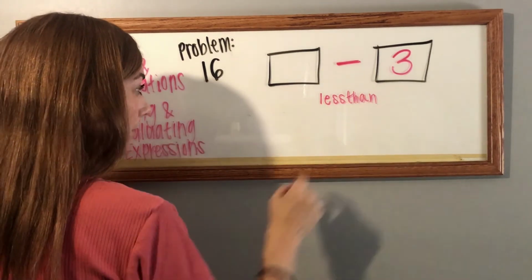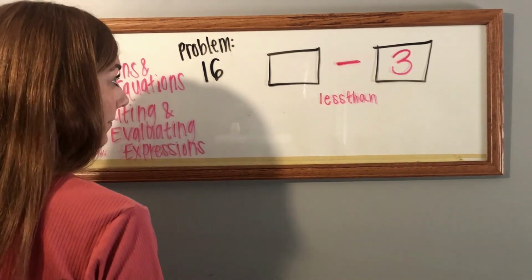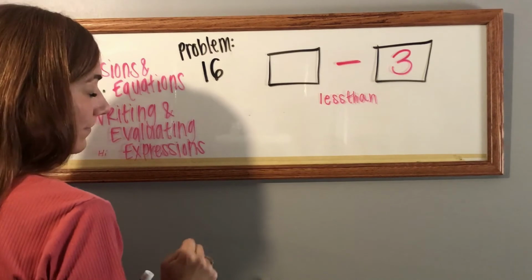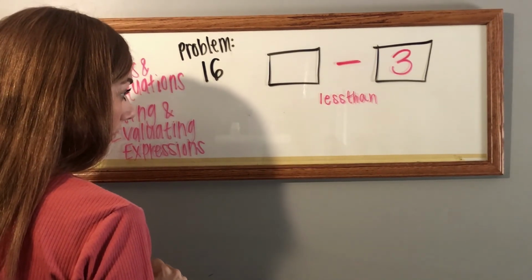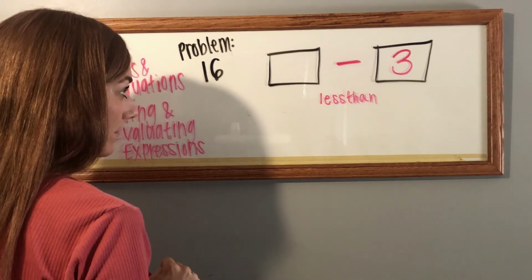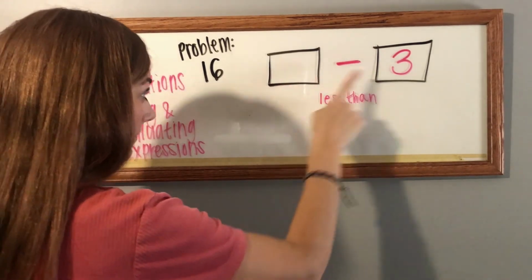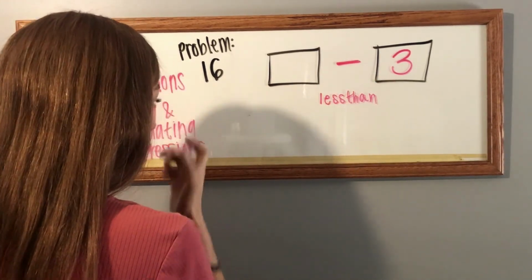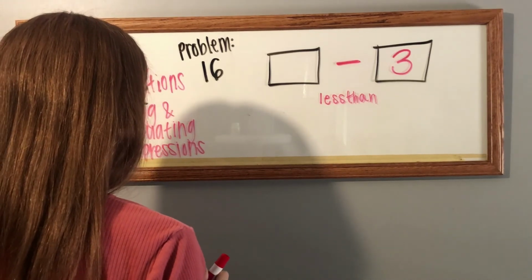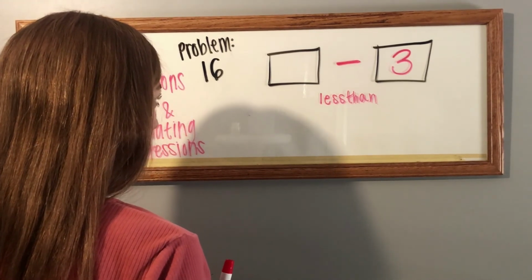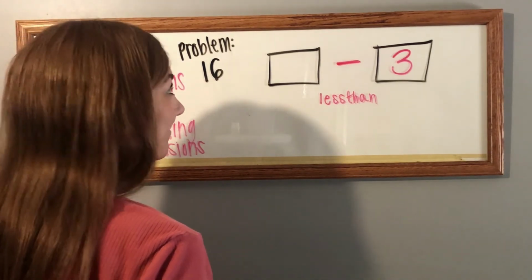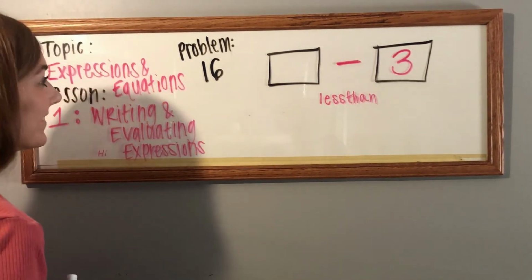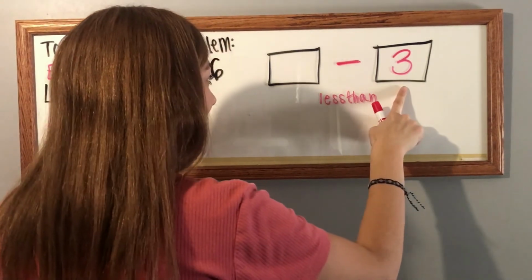So my second term is that 3, because I double her little brother's height, and then I subtract 3. Figuring that out in your head before you write it down is super important. That order is crucial. So my second term is 3.